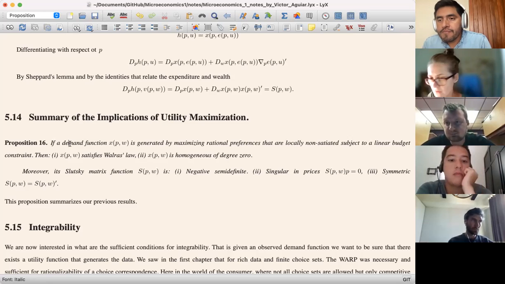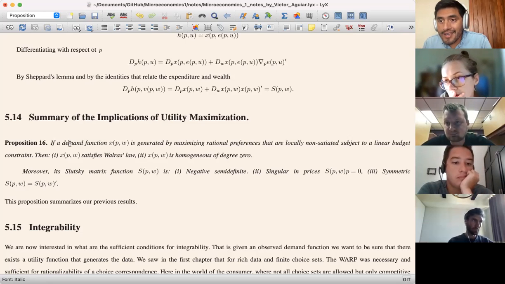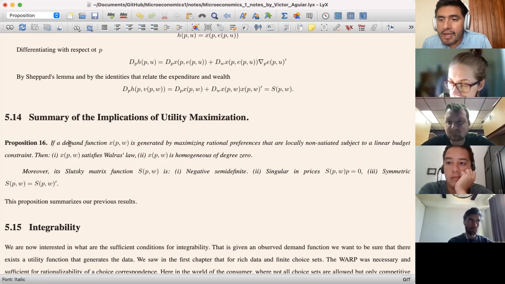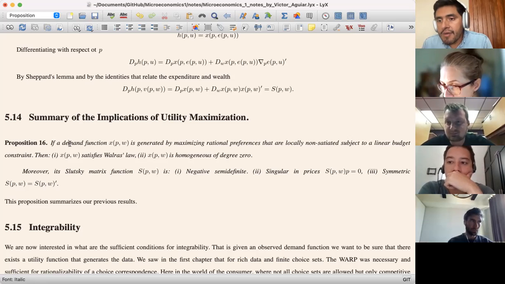So now, I'm going to say a sentence that's going to sound a little bit too high level, but you're going to understand it fully, hopefully by the end of the class. I'm basically going to tell you that these three properties of the Slutsky matrix, right, are the differential version of the generalized axiom of revealed preference.